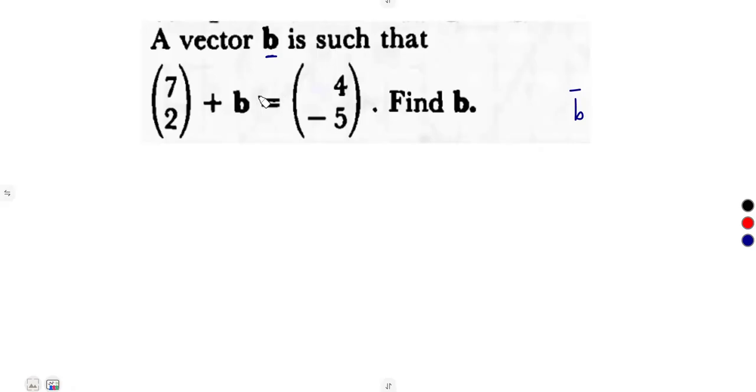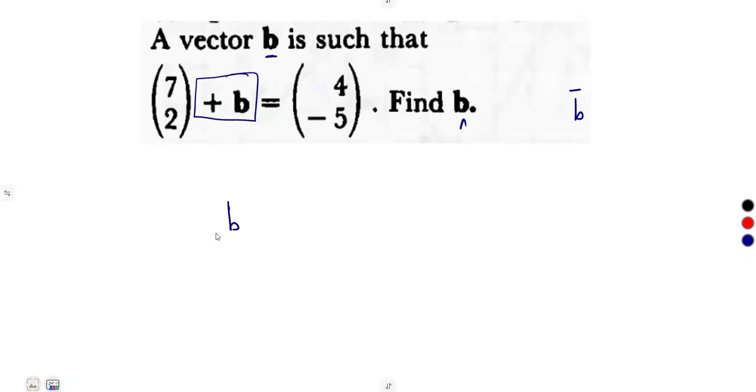So that vector is given such that if we add these two vectors, 7, 2, and the vector B that we do not know, we must obtain this. So find vector B. So guys, this is just an equation. You are to solve for vector B, and it's a positive.